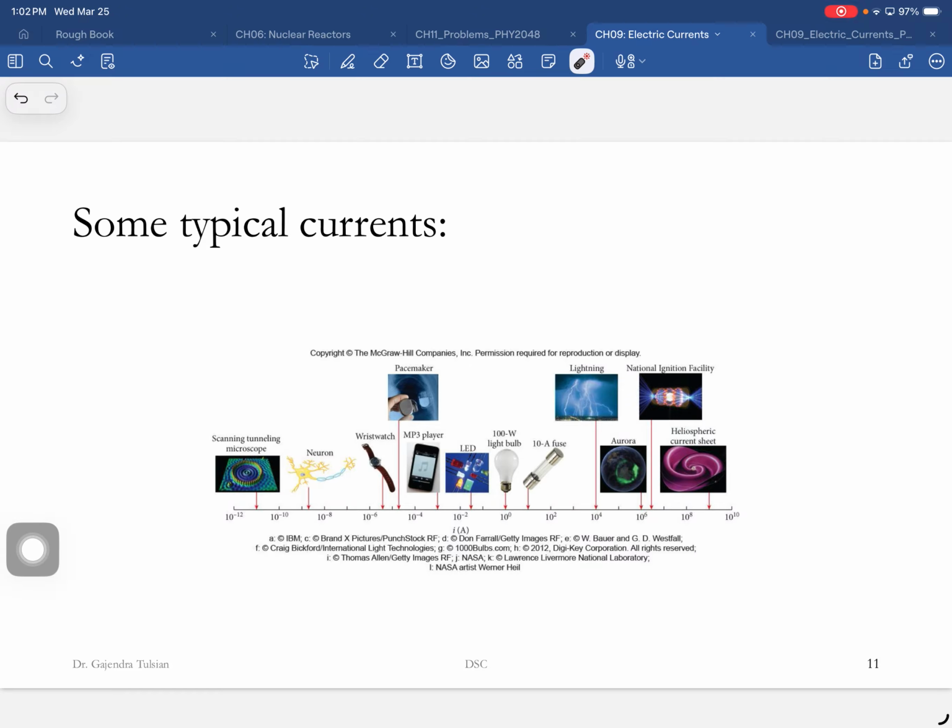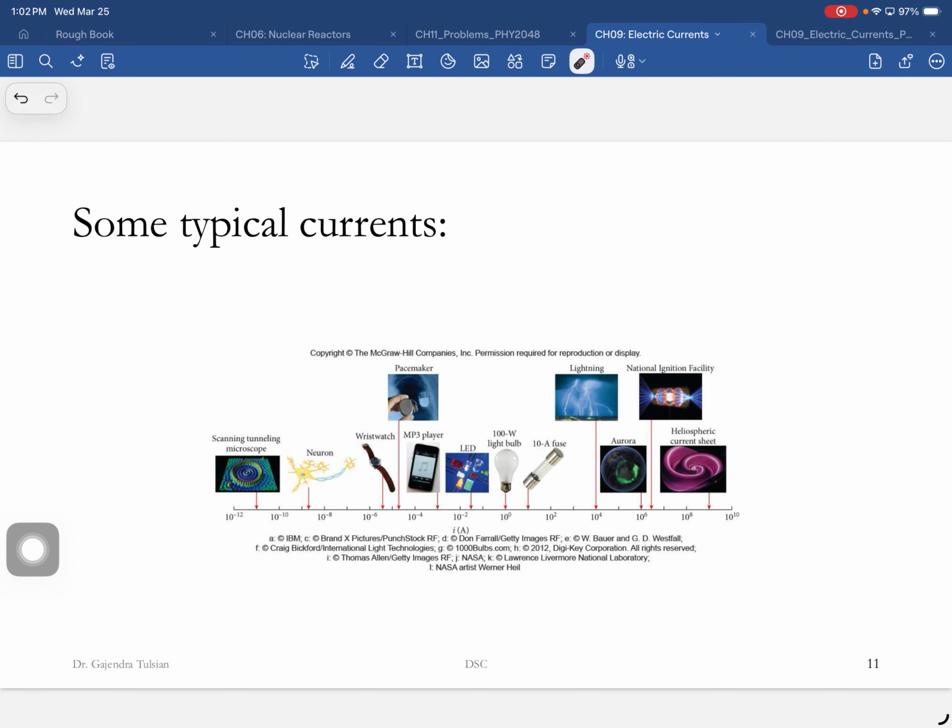In a 100-watt light bulb, the current is about 1 ampere. So 1 coulomb of charge is flowing per second. Here's a 10 amp fuse in your washing machines. About 20 amps is the current that flows. When your neurons fire, the current is about a nanoampere.